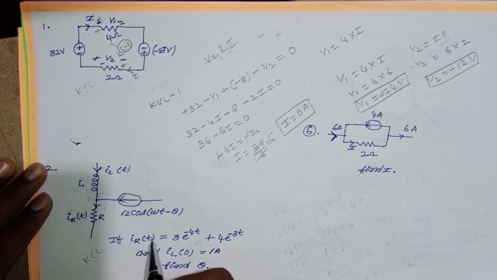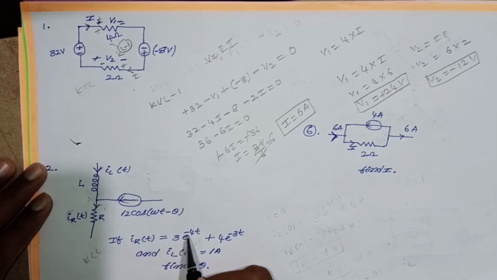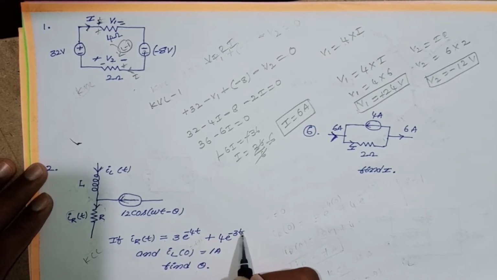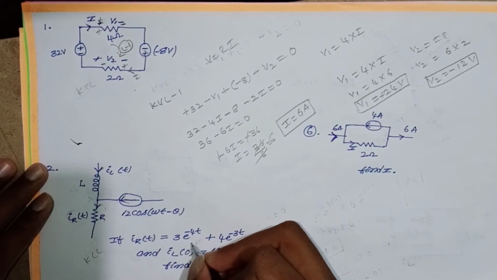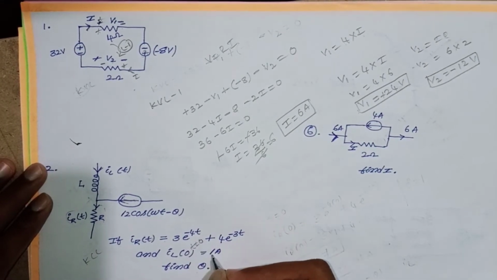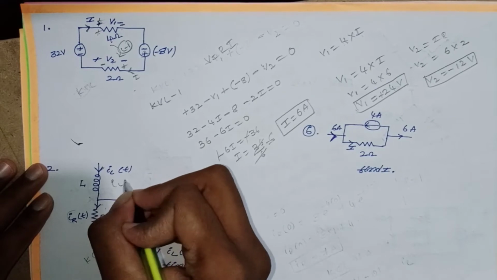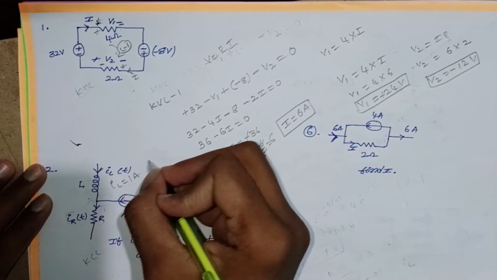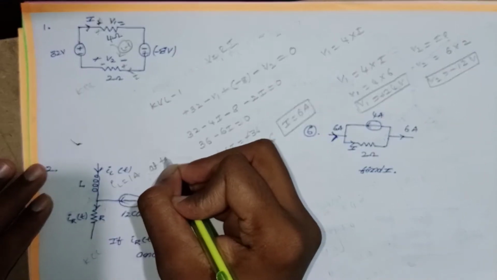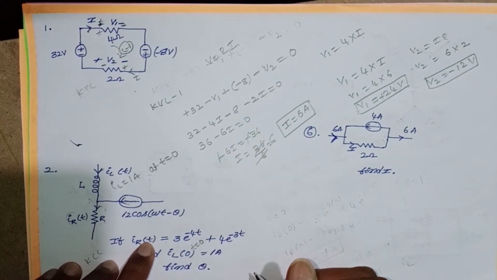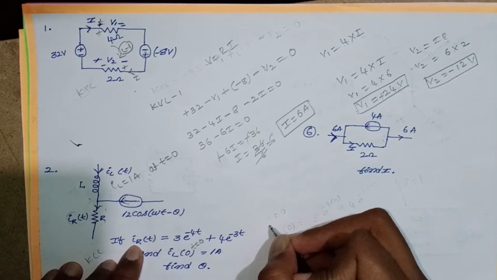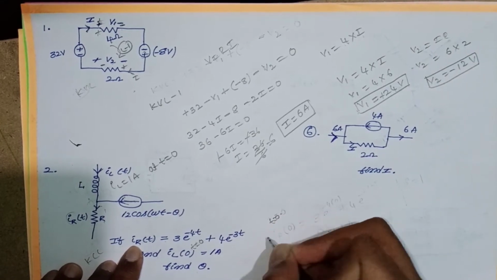If IR of t is equal to 3 into e to the power of minus 4t plus 4 into e to the power of minus 3t, and IL of 0, meaning t is equal to 0, that means 1 ampere. IL is equal to 1 ampere at t is equal to 0. I will find IR at t is equal to 0.